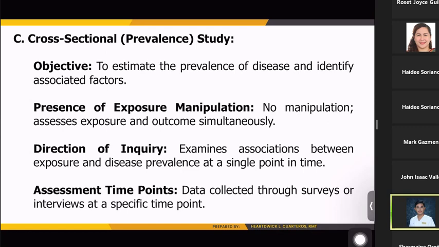No manipulation in those three designs. Please take note. Then we have the direction of inquiry: it examines the association between exposure and disease prevalence at a single point in time. For assessment time points, data is collected through surveys and interviews at a specific time point still. So we use surveys and interviews here.